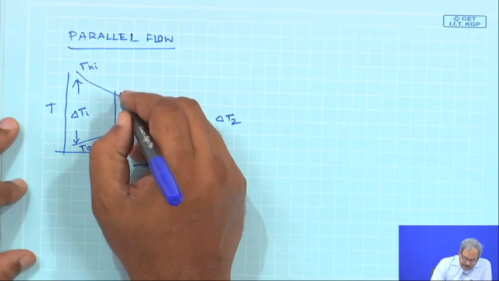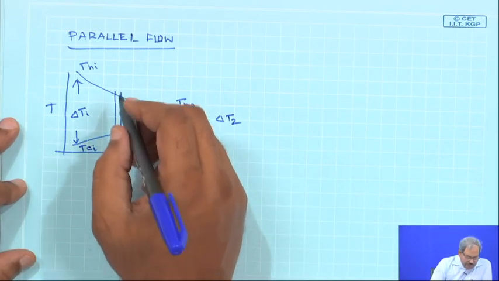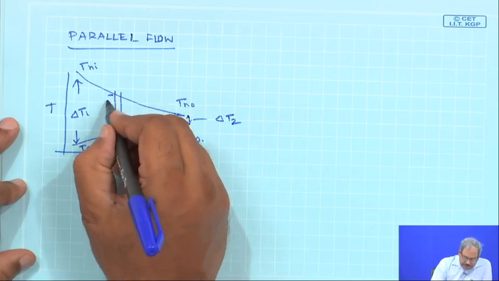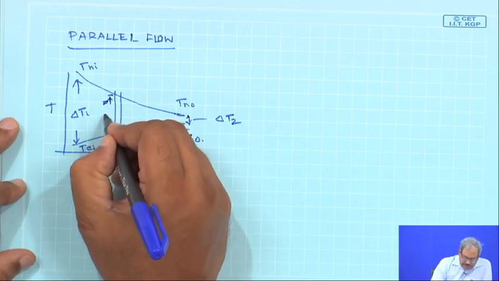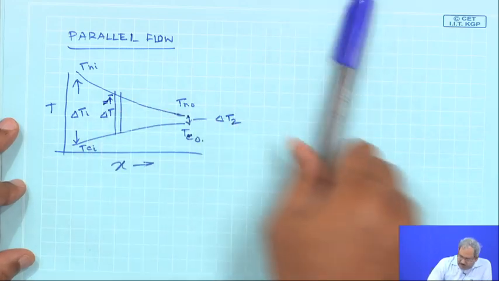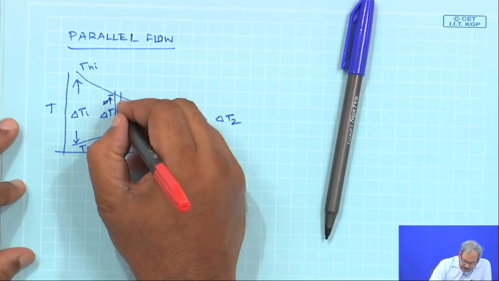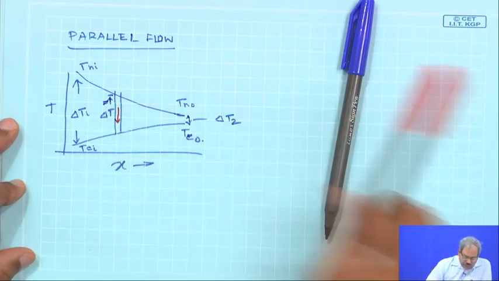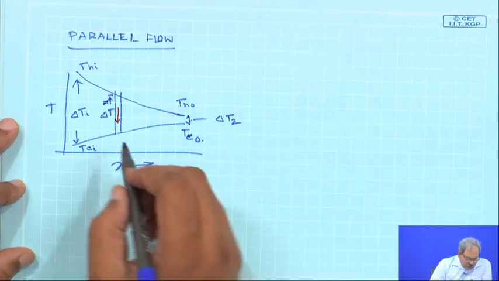And if I take a small slice, here the temperature difference, let us call this delta T, and some amount of heat is going to come from the hot fluid to the cold fluid in the direction that is shown.